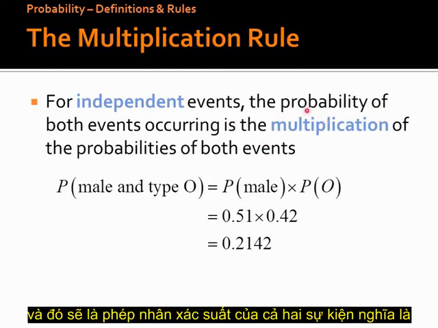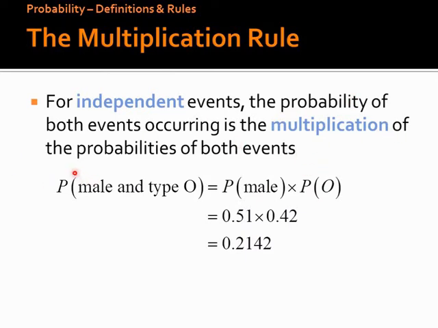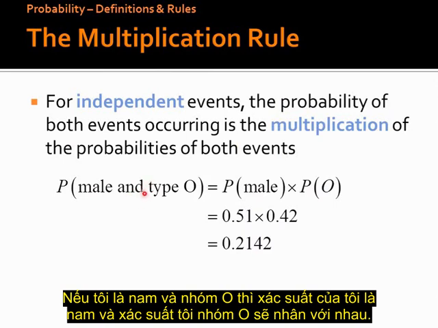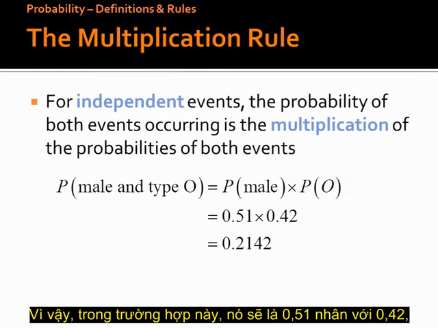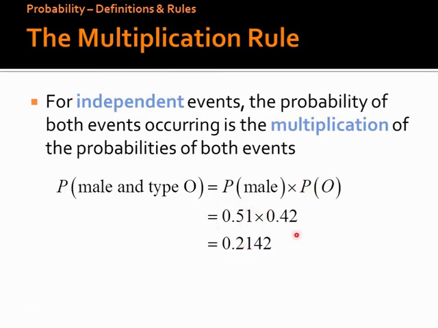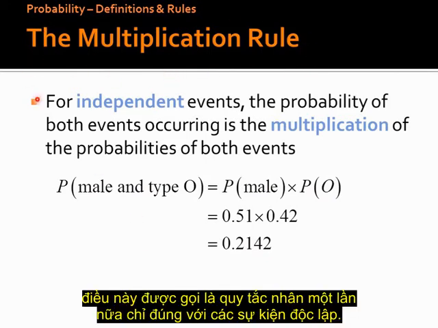That would be the multiplication of the probabilities of both events. If I am male and type O, then my probability of that is the probability of me being male and the probability of me being type O multiplied by each other. So in this case it would be 0.51 multiplied by 0.42. This so-called multiplication rule once again is only true for independent events.